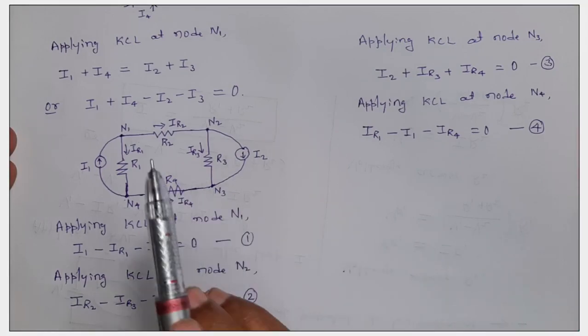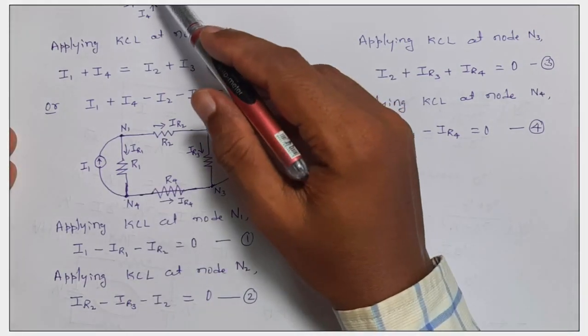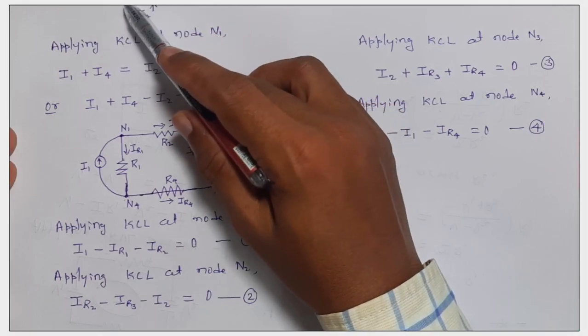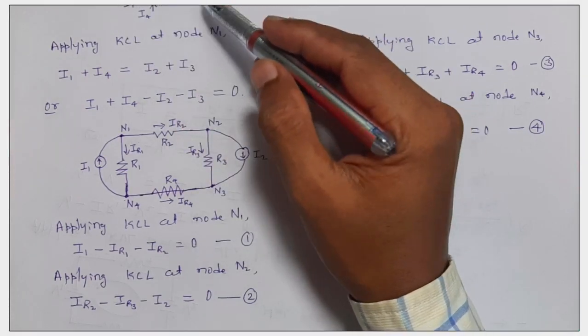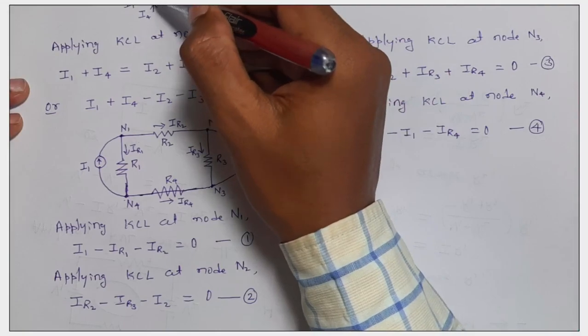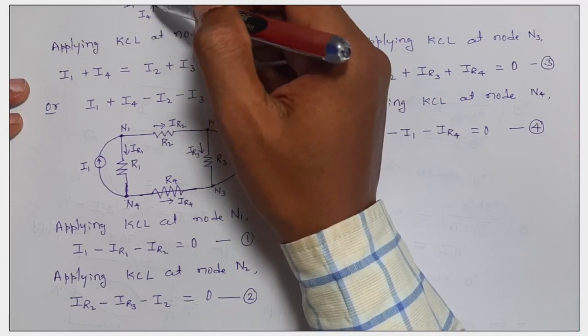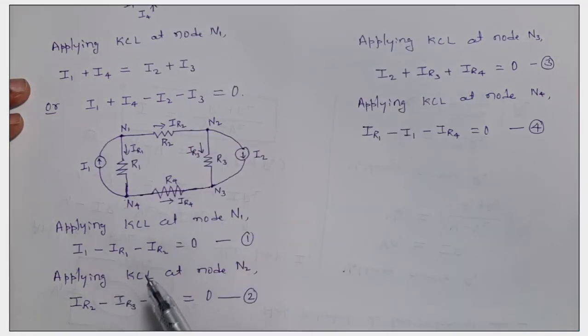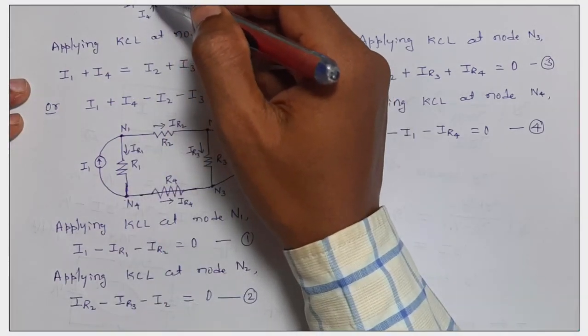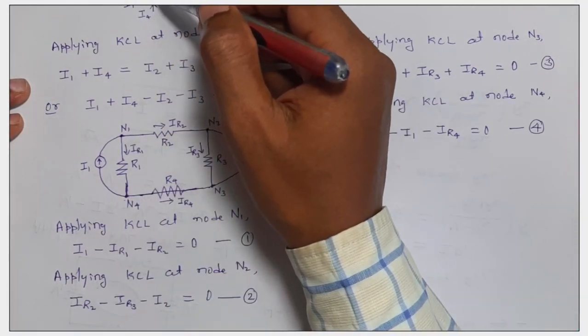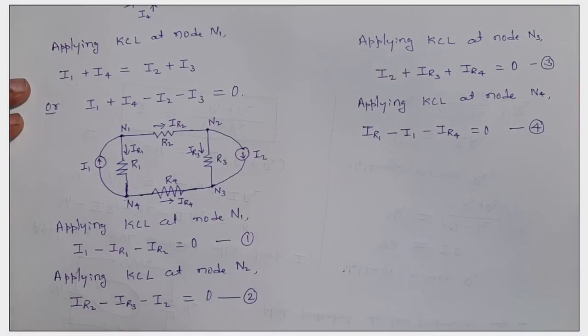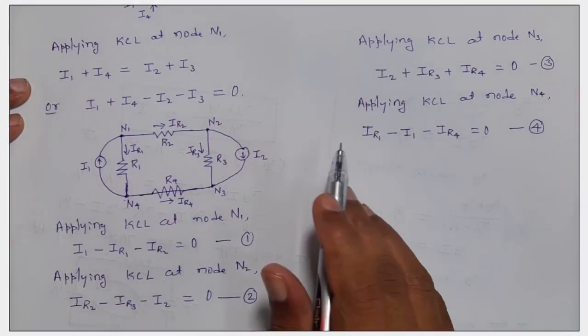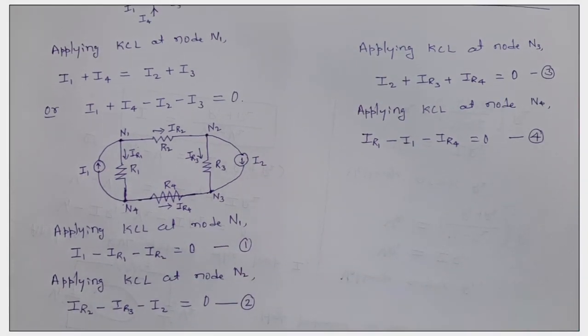It indicates that whatever currents a node gets, those currents will be taken out from that node. The node will not store any current, nothing but it will not store any charges. This is KCL. I hope you understood KVL and KCL both properly.